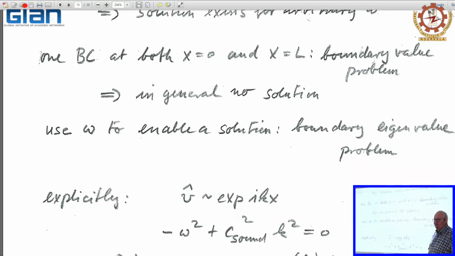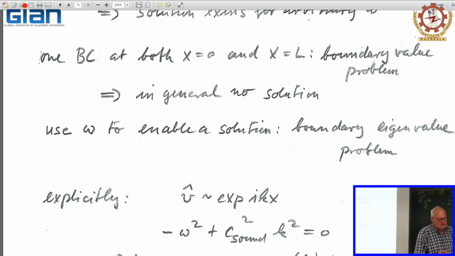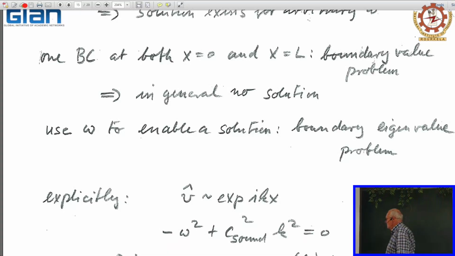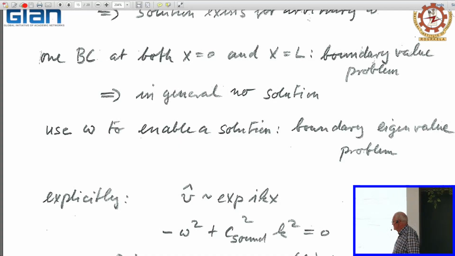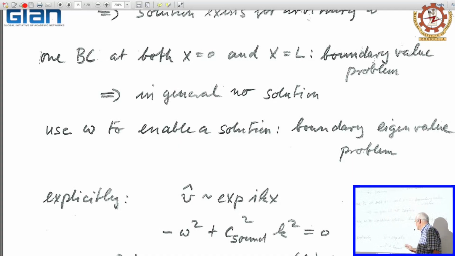If we insert this into our equation, then we have minus omega squared. Of course, the v hat, the exponential, can be eliminated simply because the exponential is contained in any of these terms.